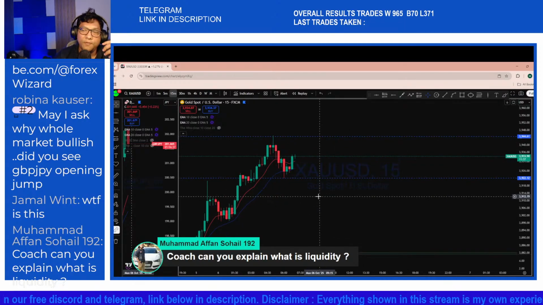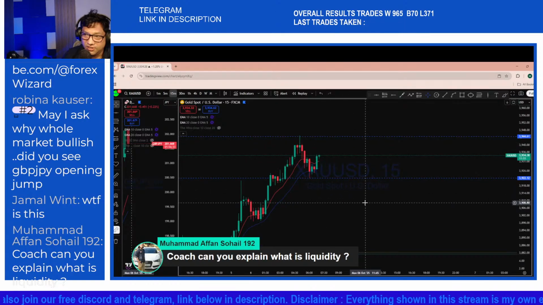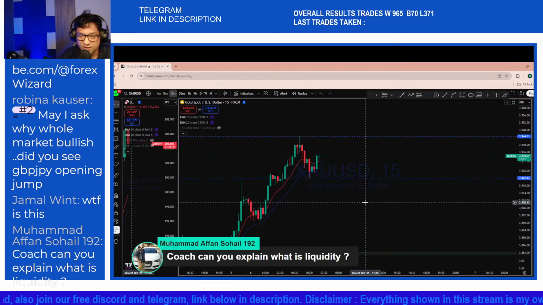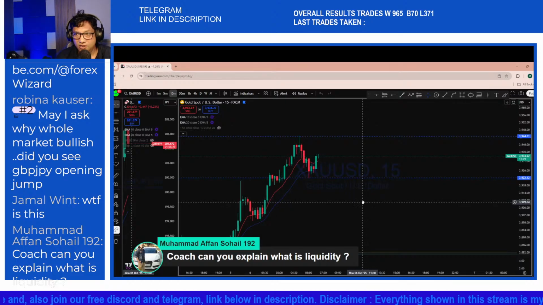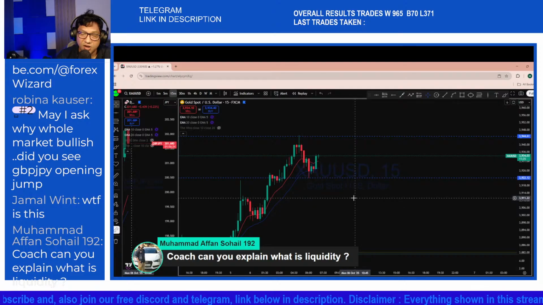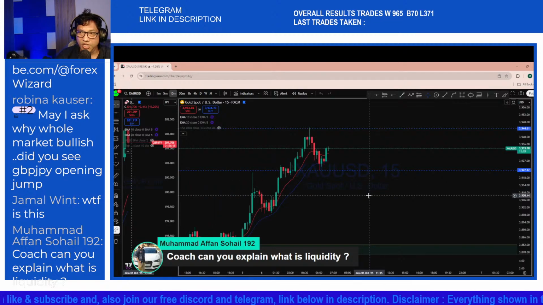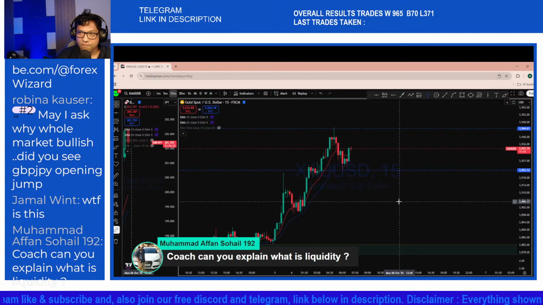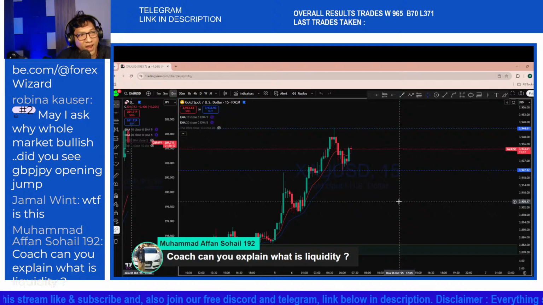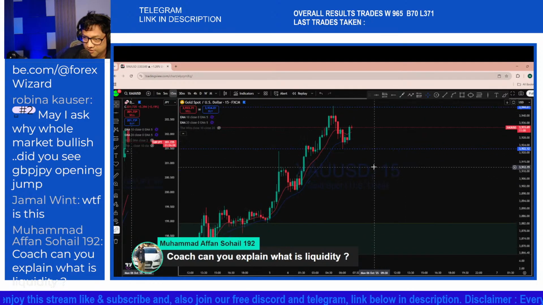Because once you understand when the market is catching that liquidity, you can understand how the market is moving, especially for the bigger flow in the market. So to understand liquidity, what you need is to know when the smart money is trading the market.